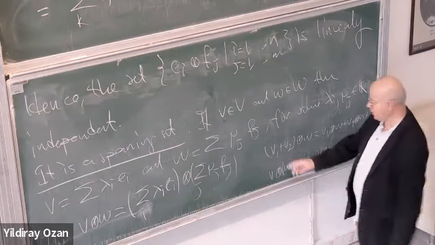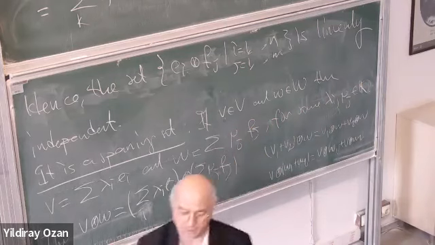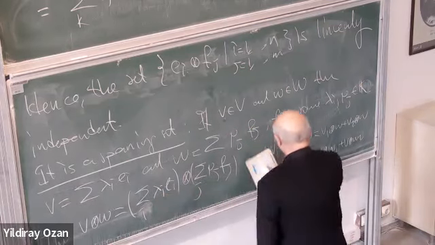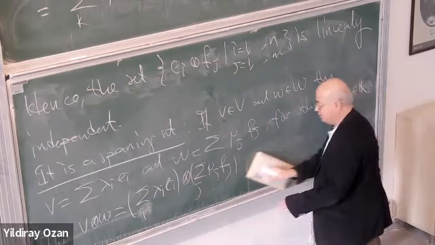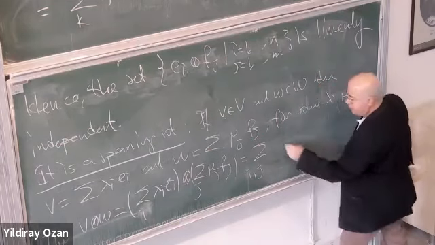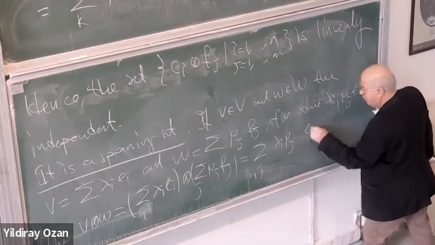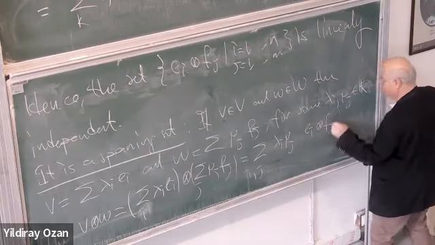Therefore, just using these two properties several times, we see that this is just the summation over i and j of lambda i mu j E_i tensor F_j.